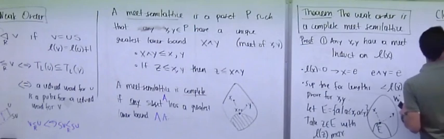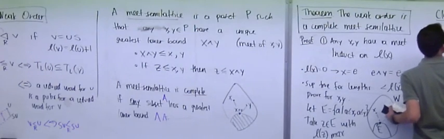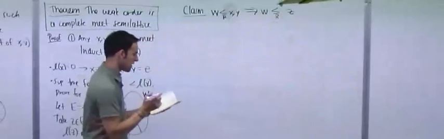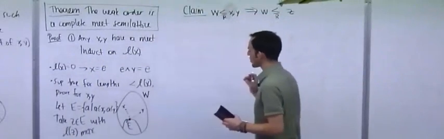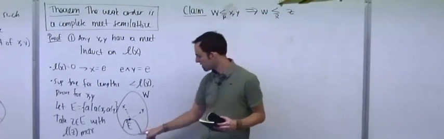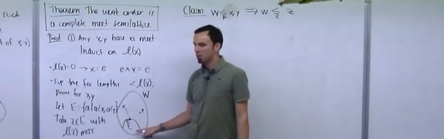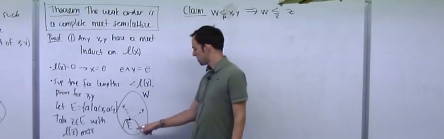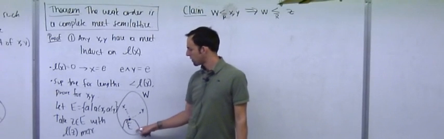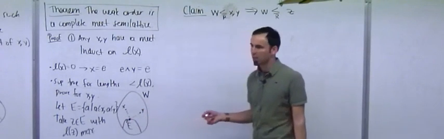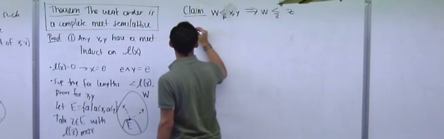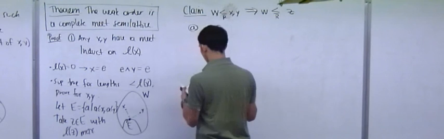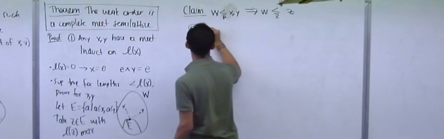Simplify the notation. So if w is less than or equal to x and y, then w is less than or equal to z. That's what I need to prove. So the way I'm going to prove that, so I'm basically taking all the w's in here. Let me do it first by doing it for the generators and then doing it for everything else. So first, I'll do it for generators.